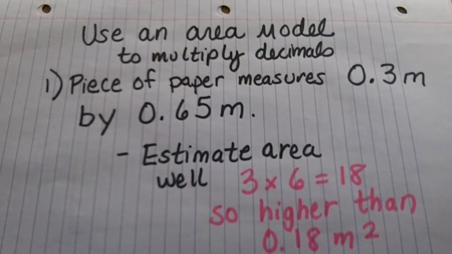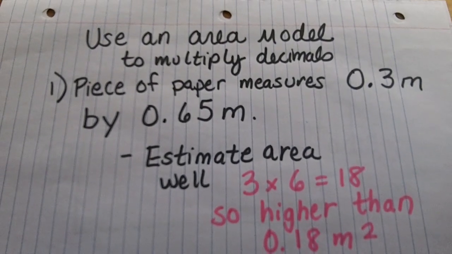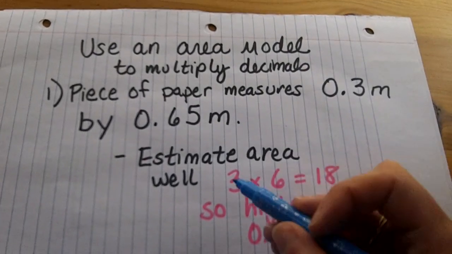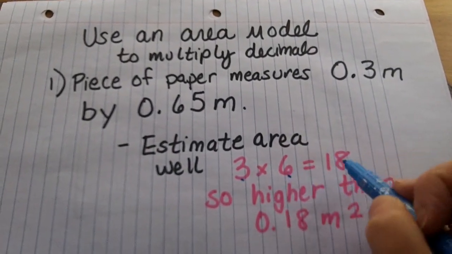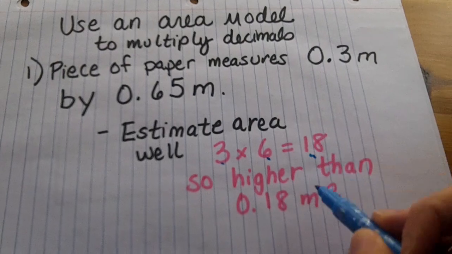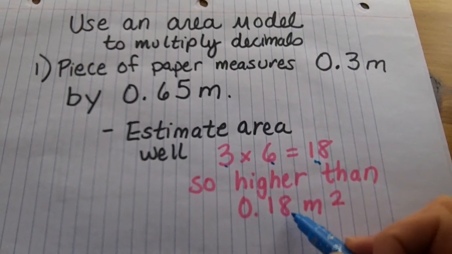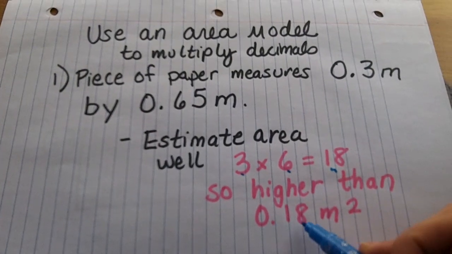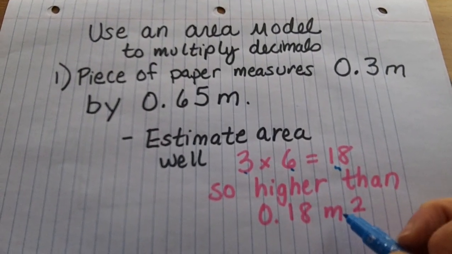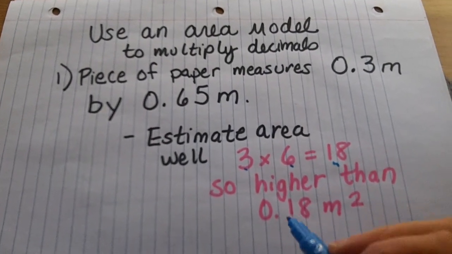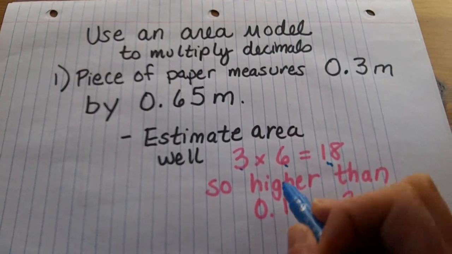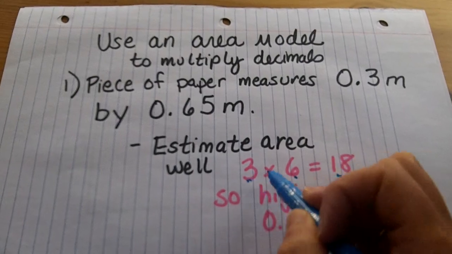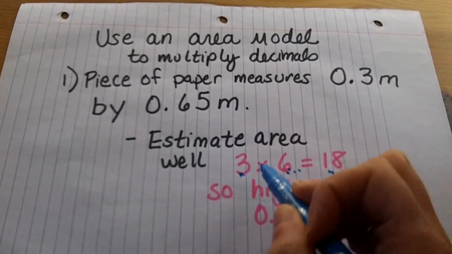First of all, let's get an estimate of what we think the area might be. Well, I know that 3 times 6 gives me 18. So I know that my answer is going to be higher than 18 hundredths meters squared, just because of using these basic whole numbers.